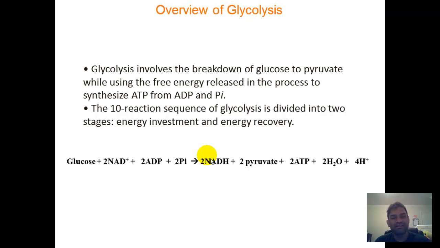So why does the cell do this in 10 steps instead of 1 step? Save some time, do this in 1 step. Well, it doesn't do that because of the aforementioned shunting, and another thing is flux. By splitting this down in 10 steps, you can actually produce many intermediaries that can go to other pathways.